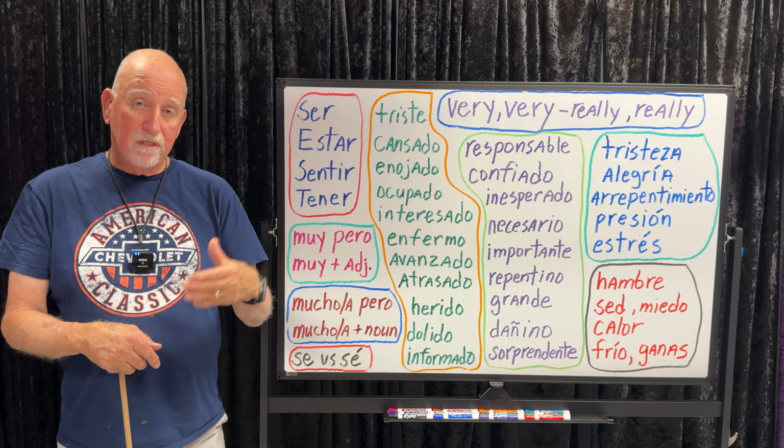The verb ser is mainly used for a characteristic, something that you go to bed with and something that you wake up with. Let's take an exception. Let's take the adjective caro. Expensive, C-A-R-O, caro. If something is characteristically expensive, you say, los Lamborghini son muy caros.